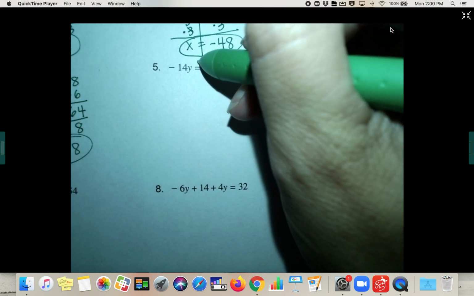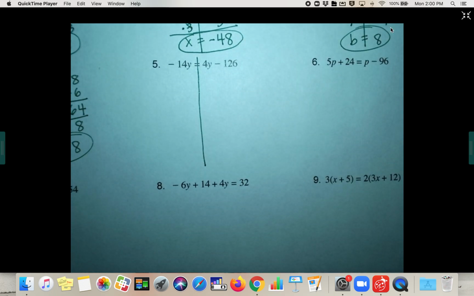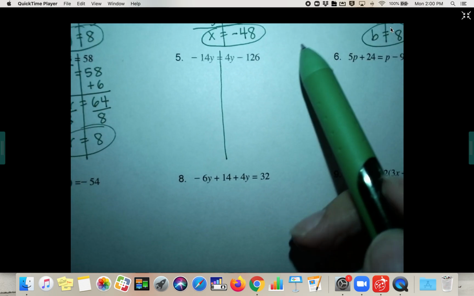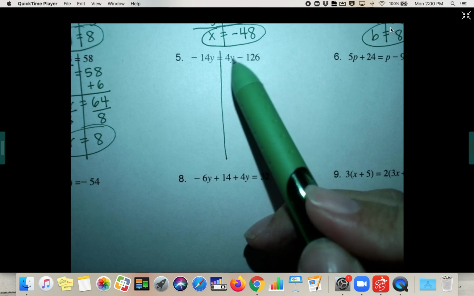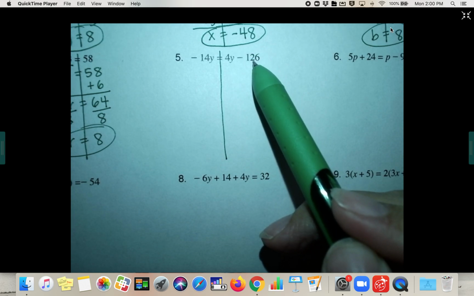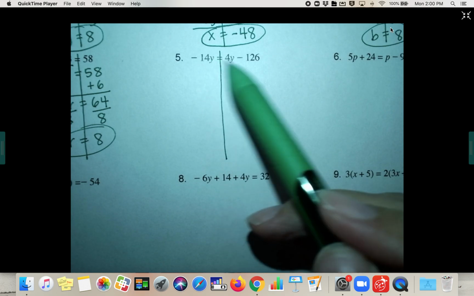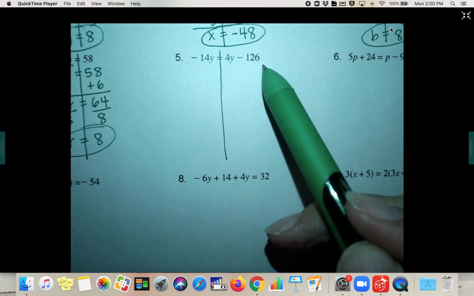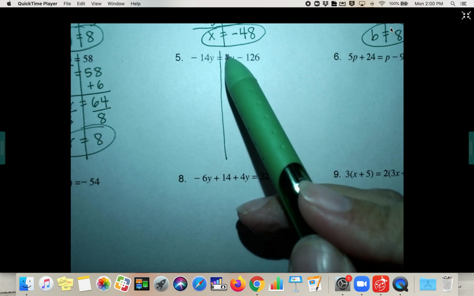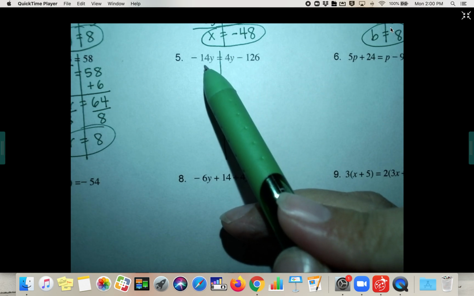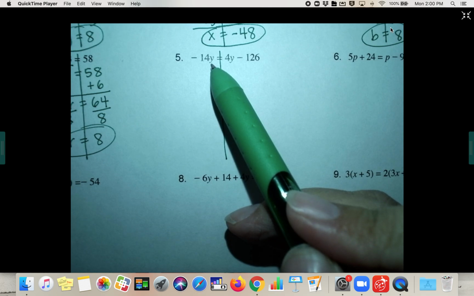The next one is, okay, here's what's tricky. A lot of you might have wanted to add 126, but you can't do that because if you add 126 on both sides, you can't combine it with something that has a y. So you don't want to add 126 first. Instead, you want to move the 4y because that can be combined with the negative 14y.